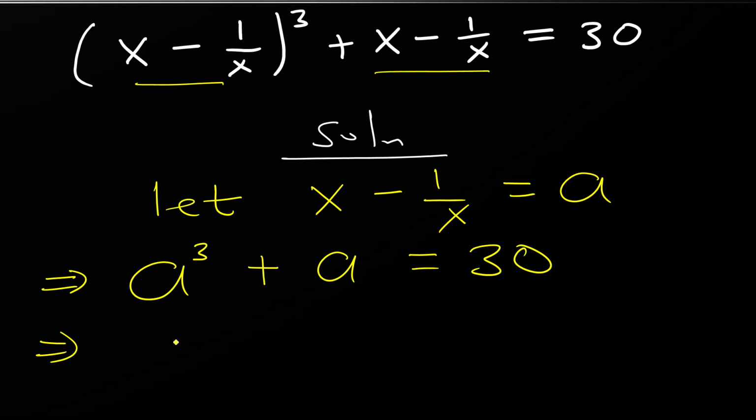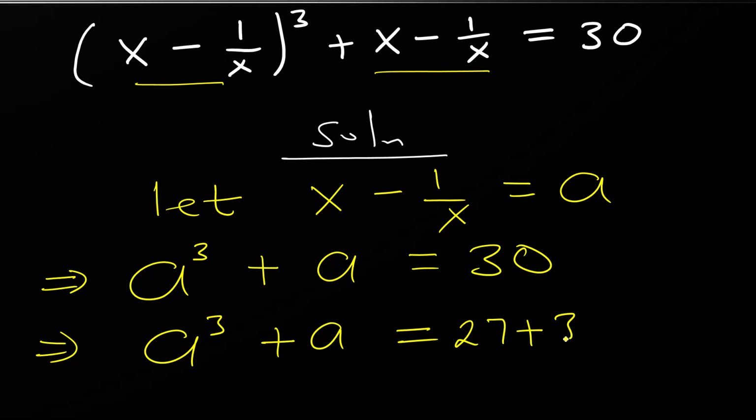That will be a cubed plus a equals, now we want to write 30 as 27 plus 3. Why not 15 plus 15 or 25 plus 5? The reason is very simple.